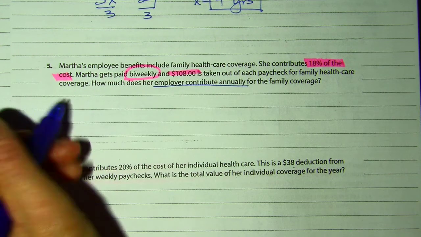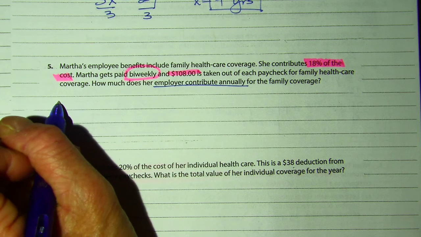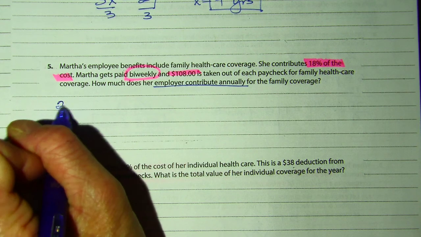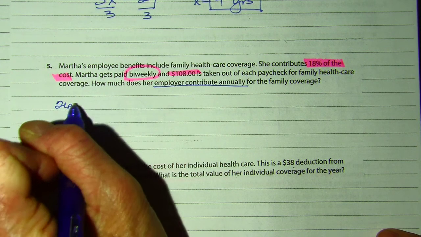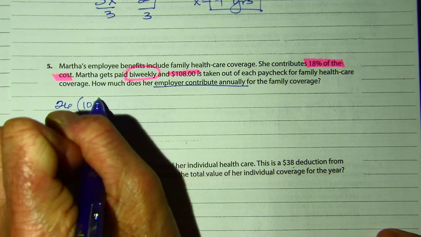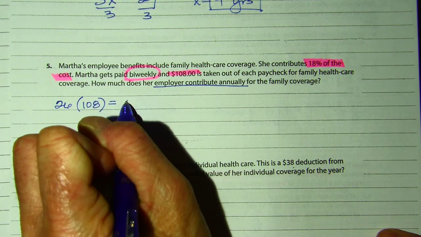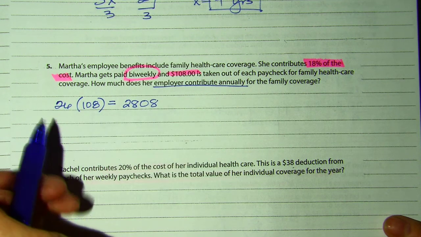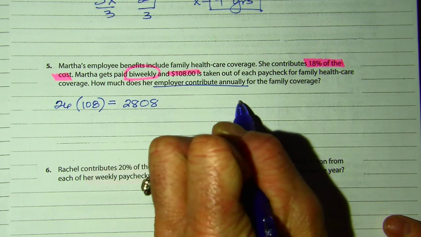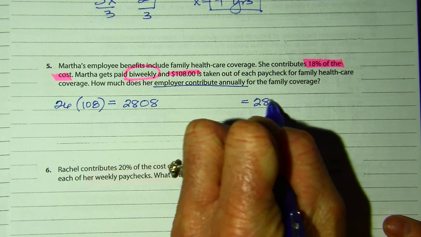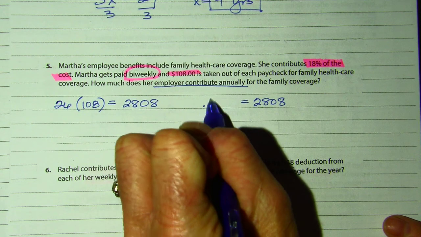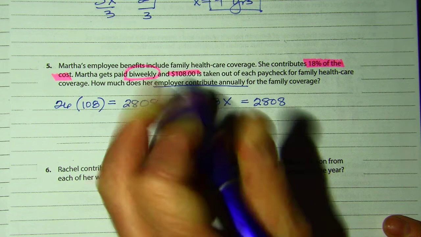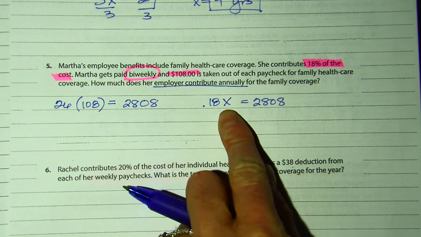All right, so first of all, she gets paid bi-weekly. So she gets paid 26 times. So 26 times $108 is taken out to give us a total of $2,808. And that represents, so what does this represent? This represents 18% of the total cost of her health insurance.